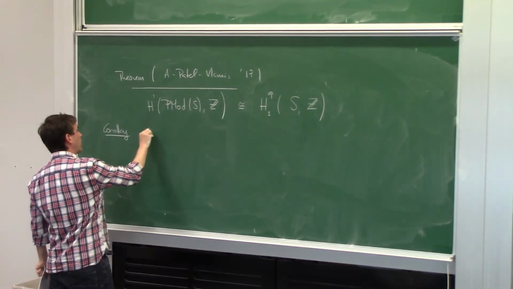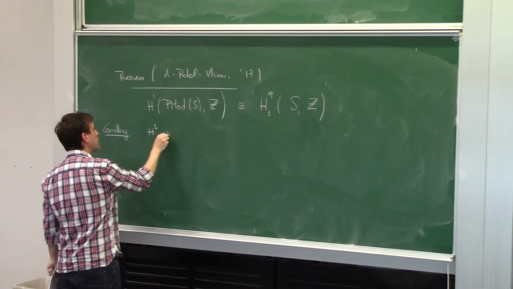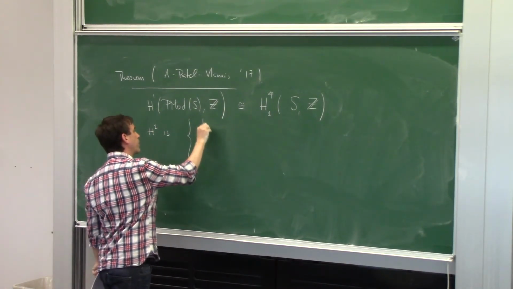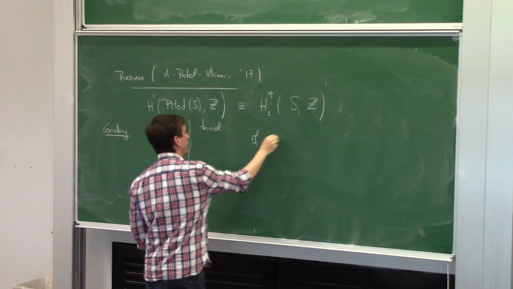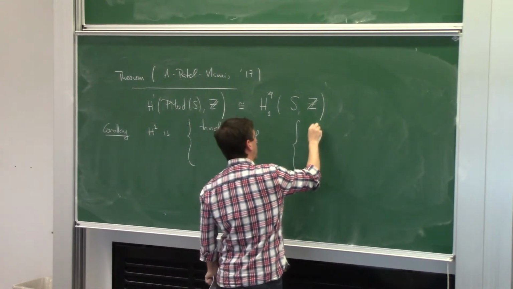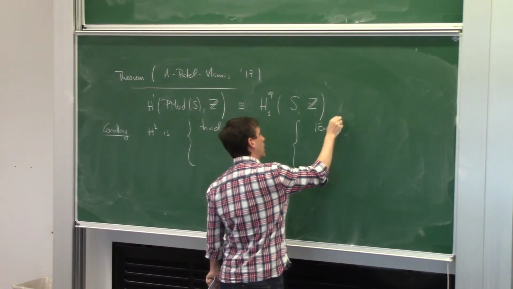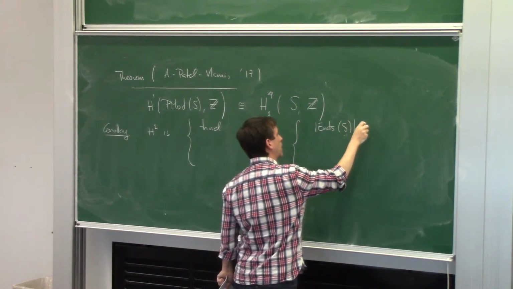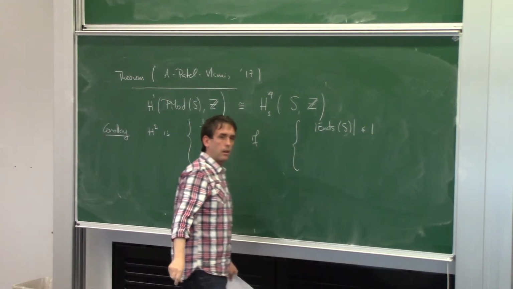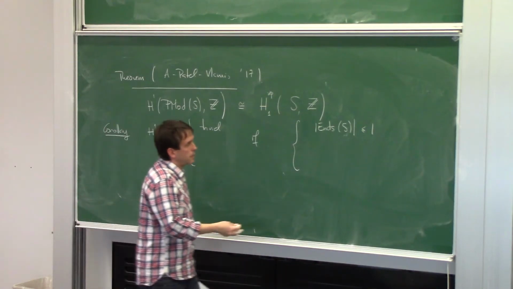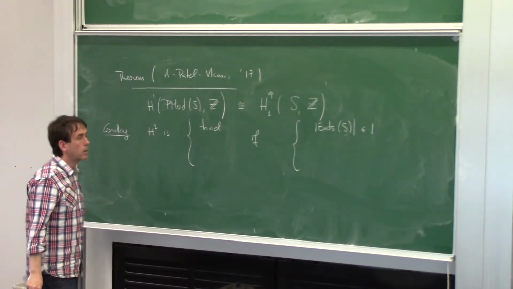So in particular, this means that H1 is trivial if the surface has at most one end.